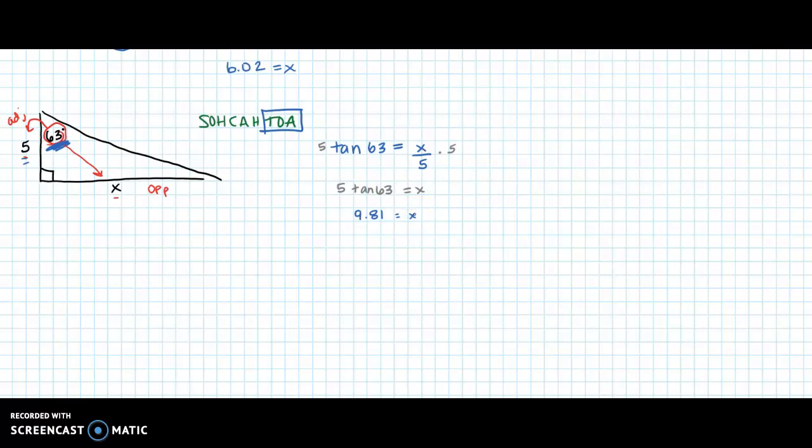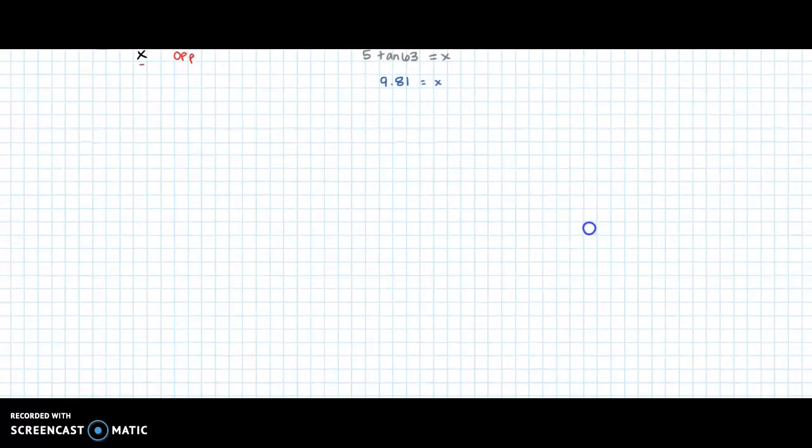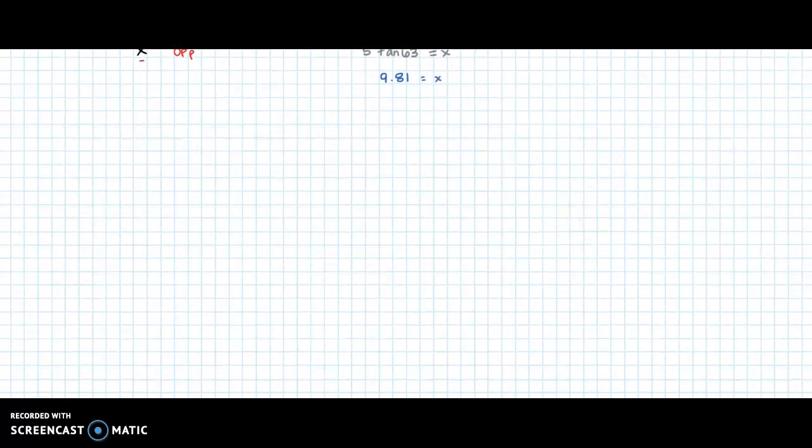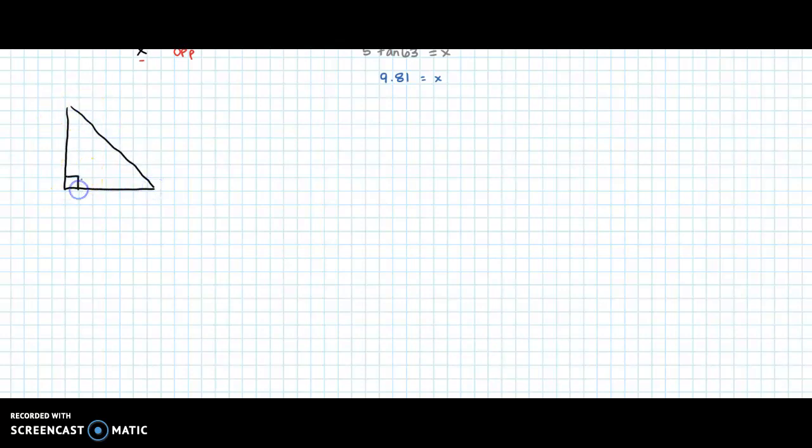And let's do one more just to be safe. I want to do one where we have an x in the denominator. We'll say that angle measures 32 degrees. We have the hypotenuse is x, and then this side is 7.